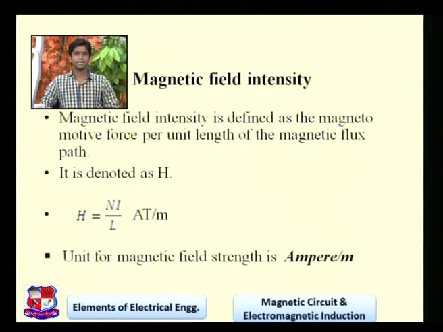So the unit of magnetic field intensity is ampere turns per meter. The number of turns is measured in turns, the current in ampere and the length in meter. So we can conclude that the unit of H is Ni by L, ampere turns per meter.